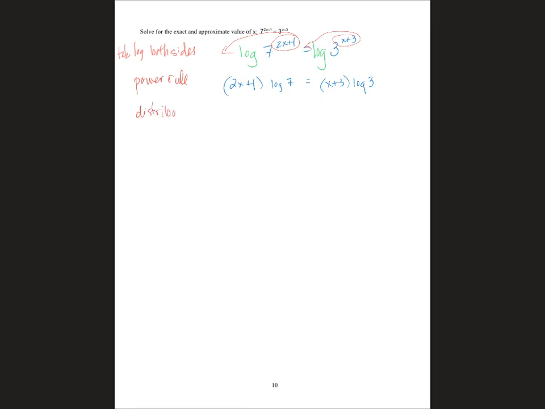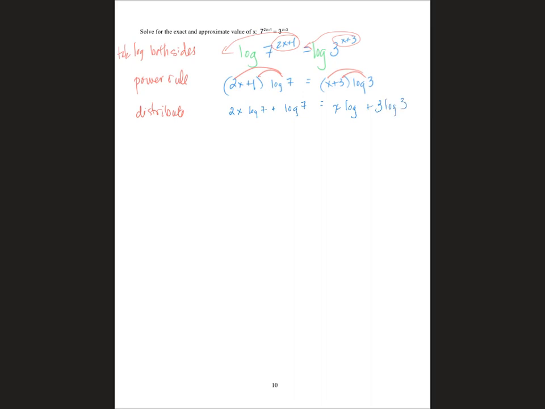And what am I going to distribute? Well, I'm going to distribute this log to each of these terms. And that's going to give me 2x times the log of 7 plus the log of 7. And that's going to equal x times the log of 3 plus 3 times the log of 3.